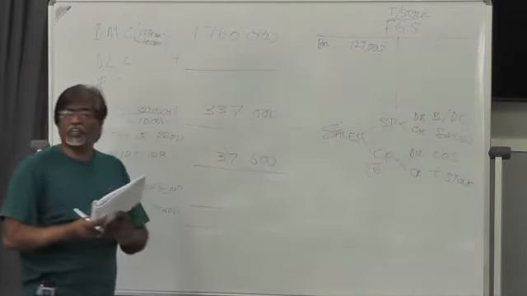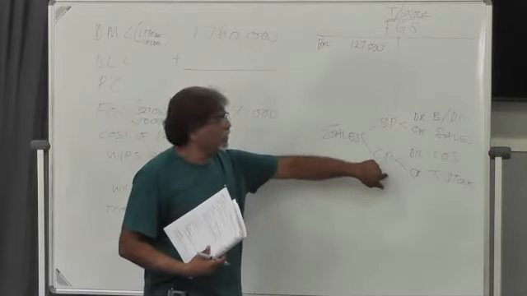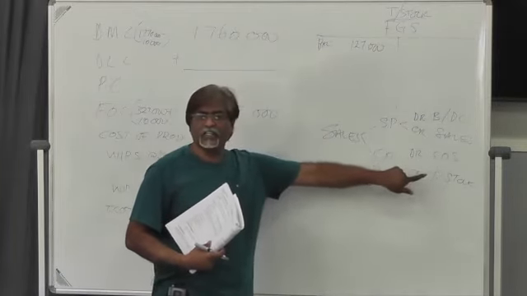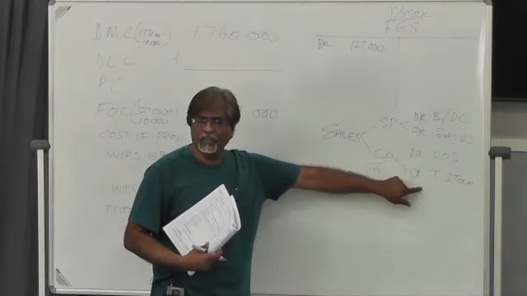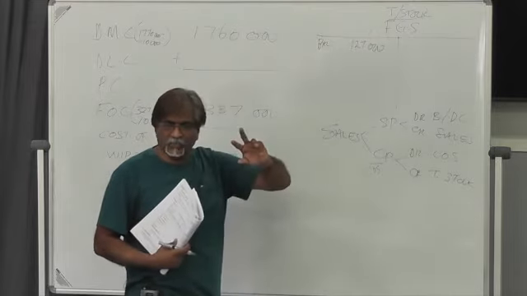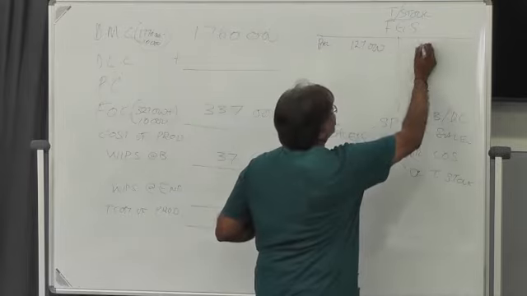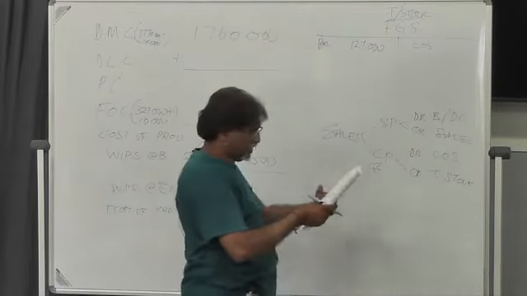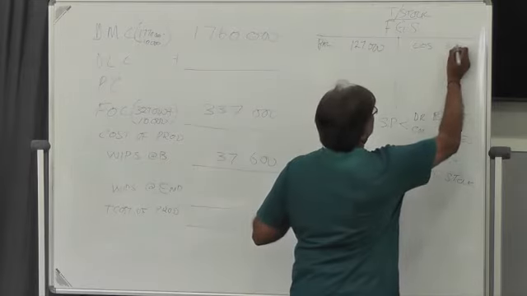Then it says cost of sales. Now remember I said to you, cost of sales, cost price. What do you do? Debit cost of sales and credit trading stock. But we do not have a trading stock account here. We have what's called finished goods stock. Now do you understand the relationship there? So you credit finished goods stock, saying cost of sales, with how much? 3,337,000.